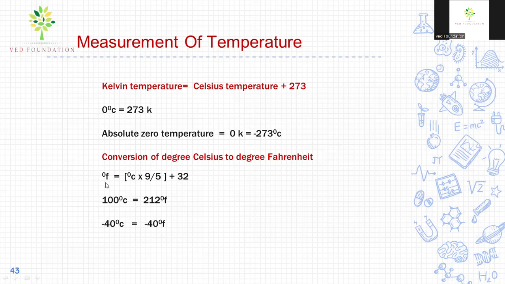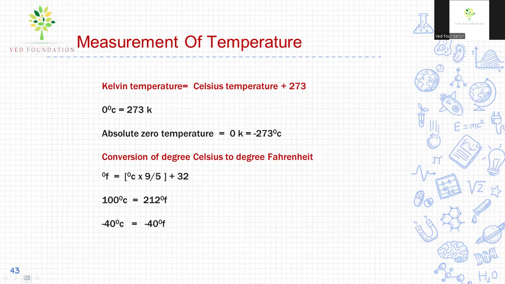First solve this bracket and then add 32 in the answer. So if you put value of Celsius reading 100 degree, you will get the temperature 212 degree Fahrenheit. This means that 100 degree Celsius is equal to 212 degree Fahrenheit. 0 degree Celsius is equal to 32 degree Fahrenheit.